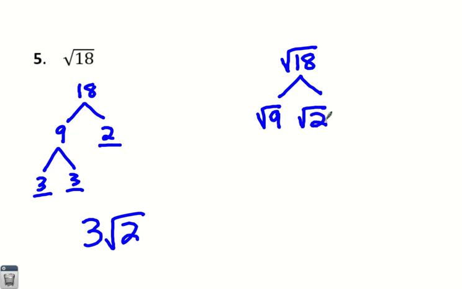See, with Birch's way, you could have started it off as like 6 and 3, and it wouldn't have mattered. You would have ended up with the same final prime factors. So again, 9 and 2 is fine for Birch's way. 6 and 3 would have worked out fine, but for my way, it's got to involve a perfect square like 9.